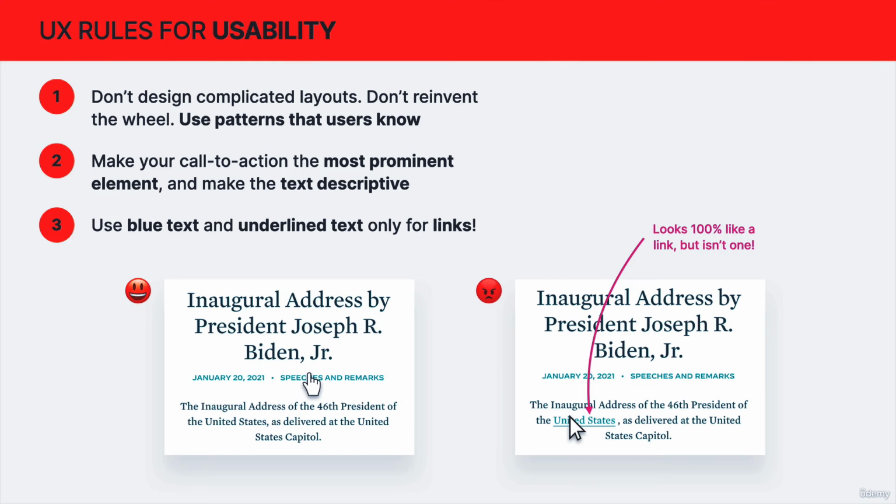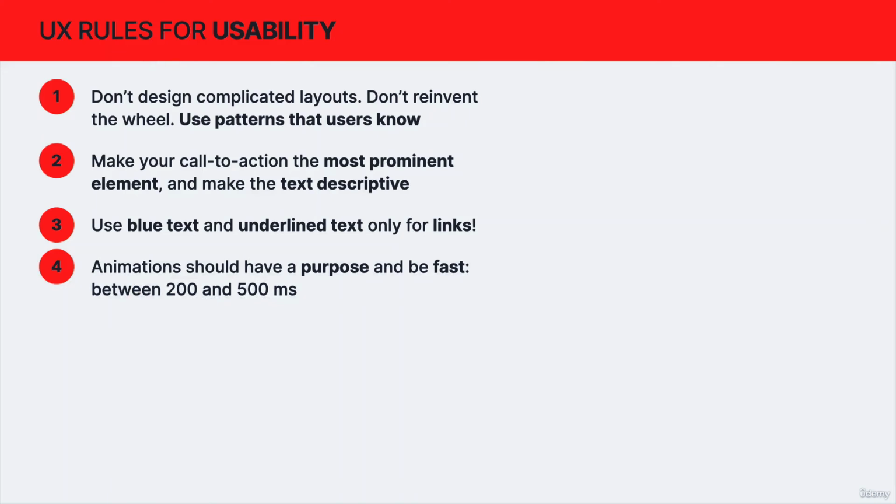Next up, if you use animations in your design, make sure that they actually have a purpose and that they are fast. So don't use animations just because you can, because that might leave users confused, and many times it simply doesn't look professional. Also, make sure that your animations are fast, like between 200 and 500 milliseconds, because otherwise your users will perceive the interface as being slow and sluggish.